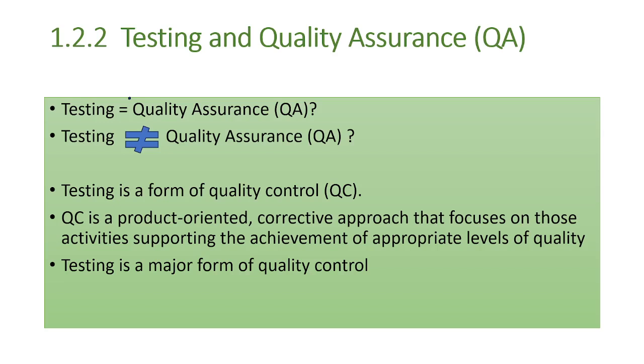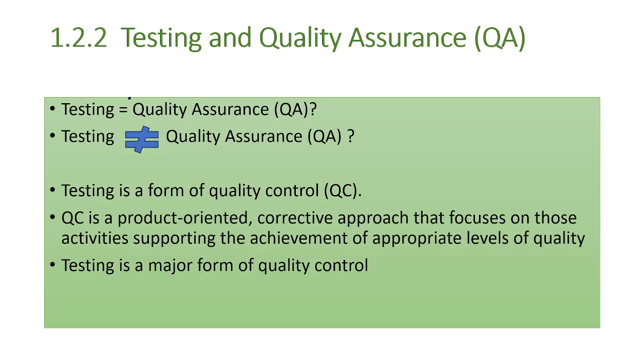Testing is a form of quality control, and the major part of quality control is covered by testing. Quality assurance is a much wider topic to discuss. It's beyond the frame of testing, and it can be used in any phase of the life cycle or the process where we are.